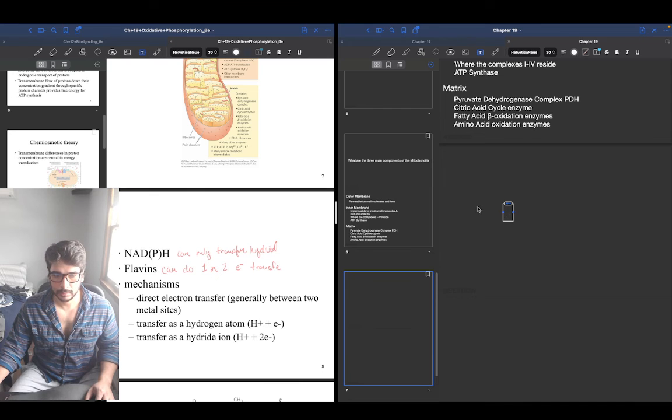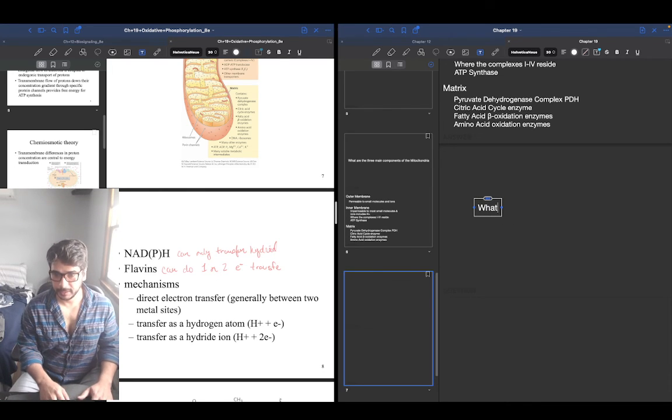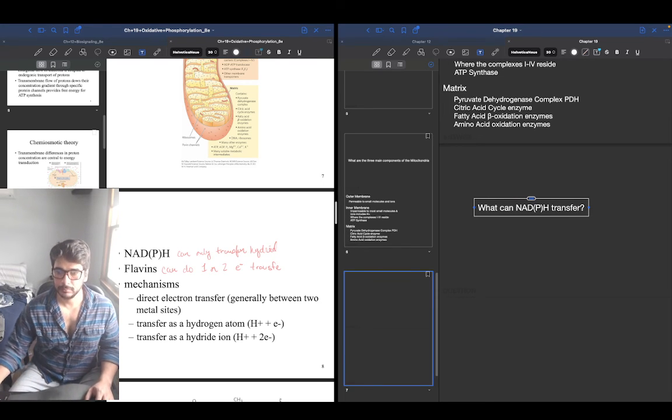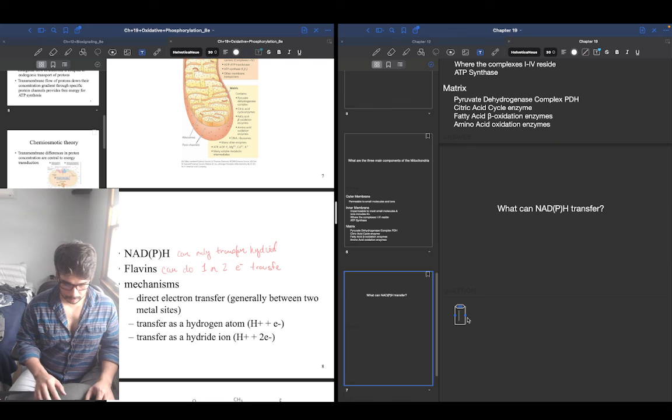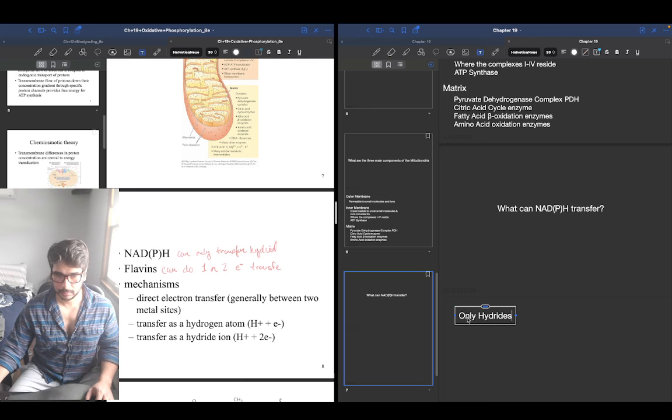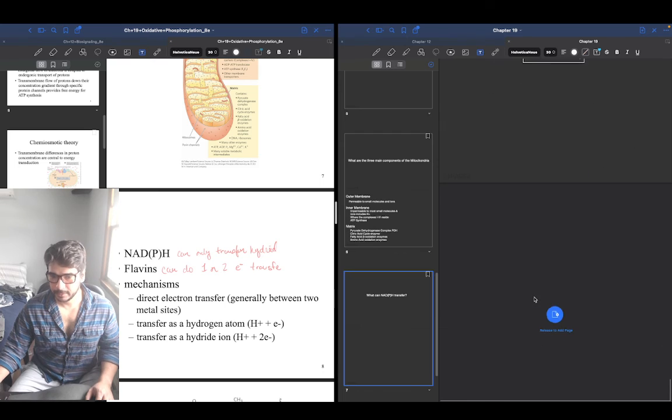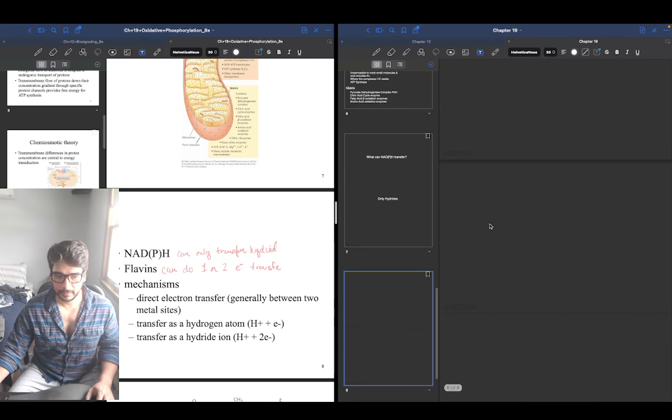So if I wrote it down in lecture, it means that it's probably important. So what can NADH transfer? Only hydrides. Don't know if I'm going to make a drawing about this one, but I don't think so. What can flavins transfer?